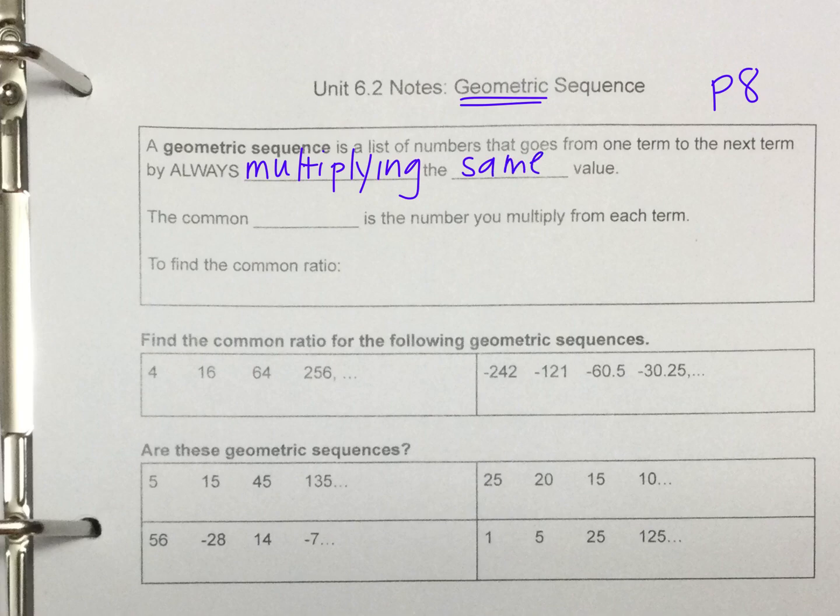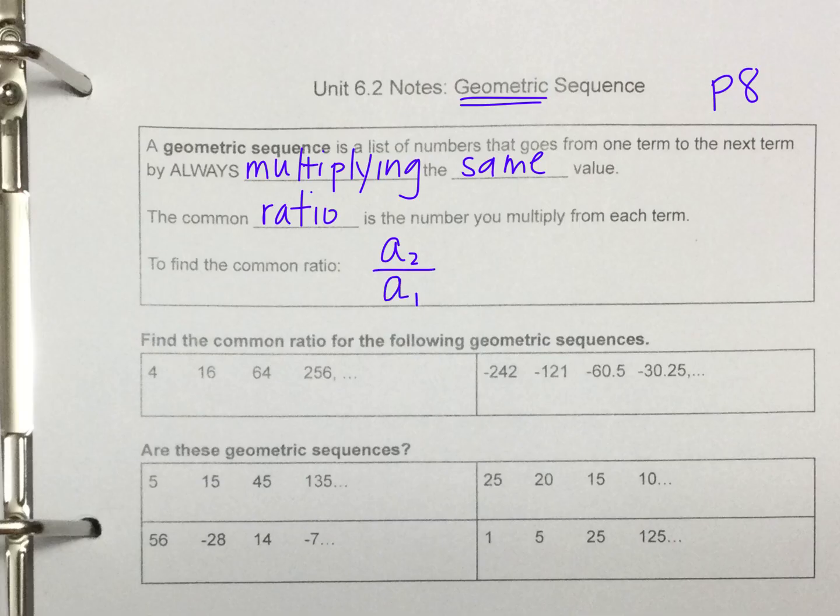So I'm just going to multiply the same number over and over again. The number that we multiply by over and over again, its fancy math name is a common ratio. To find the common ratio, you take your second term, A2, and you divide it by your first term.